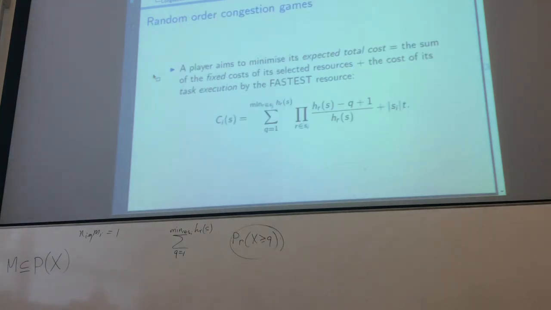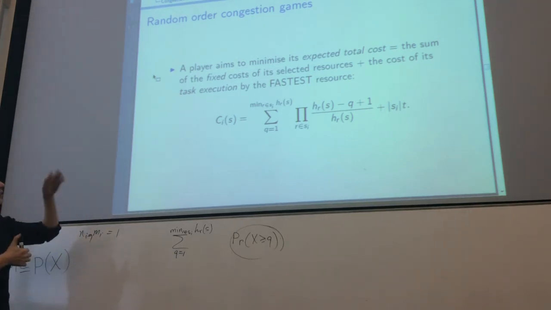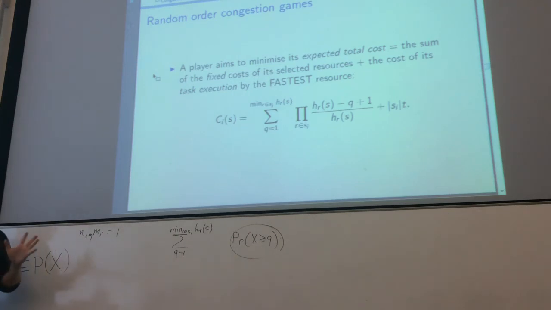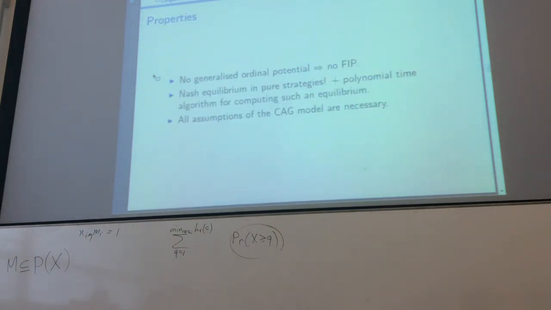And once again, all the conditions of congestion averseness hold here, and every agent is allowed to use any subset of the resources, so the matroid condition also holds, and that is a special case of the model. So what do we know about those games?